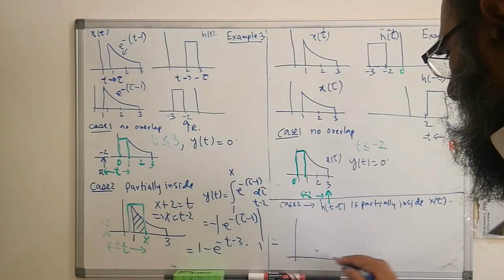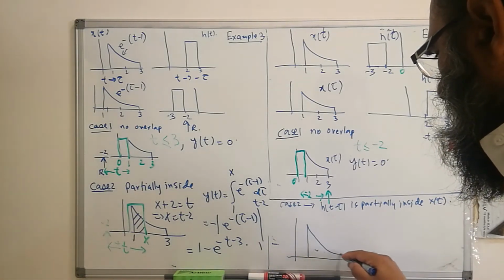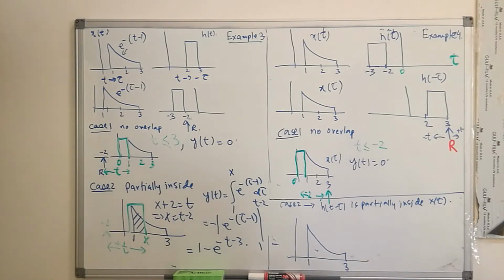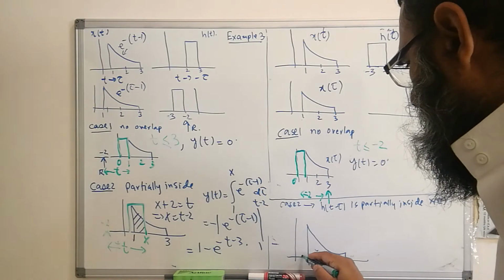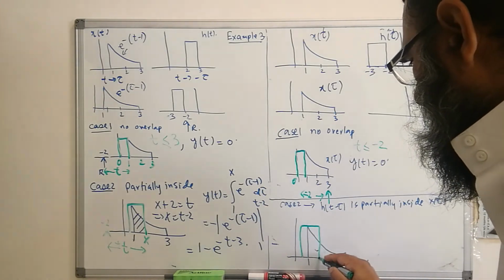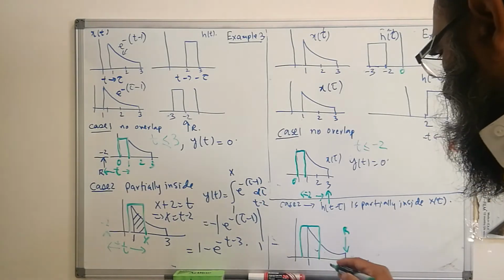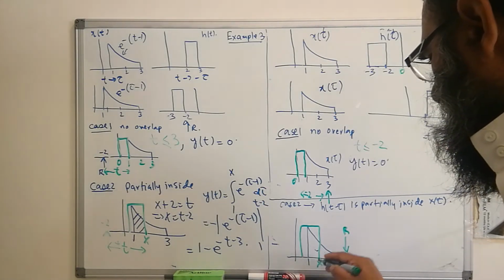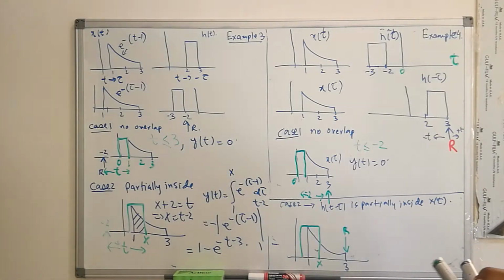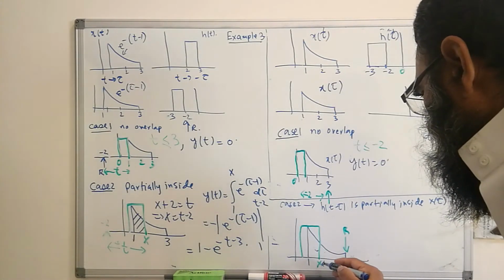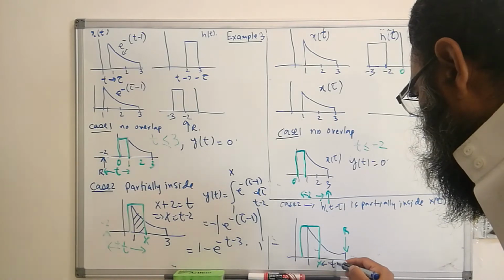Again my x of t will look like this from 1 to 3, and my h of t minus tau will move inside. Reference point is 3, this is my reference, and this is x now. So now the shift from 3 to x is minus t.